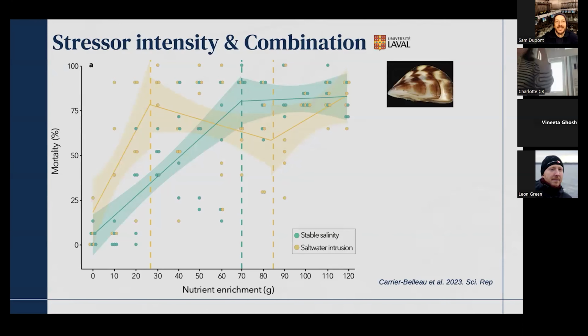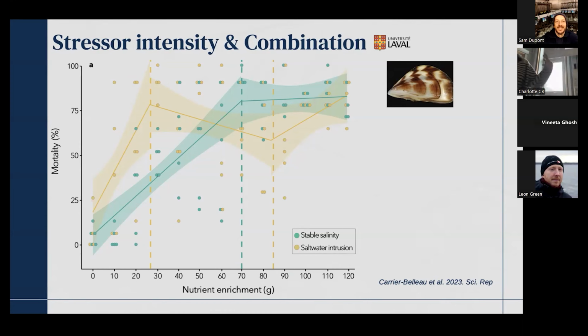In green, we have the stable salinity, and in yellow, we have the same gradient but with the presence of a weekly saltwater intrusion. In the absence of salt water, we have a quite linear response up to a point, and then we see a threshold. Beyond a certain nutrient enrichment, no matter how much you increase nutrients, the mortality stays the same. We identified a clear threshold, which corresponds to a tipping point with further analysis that we conducted.